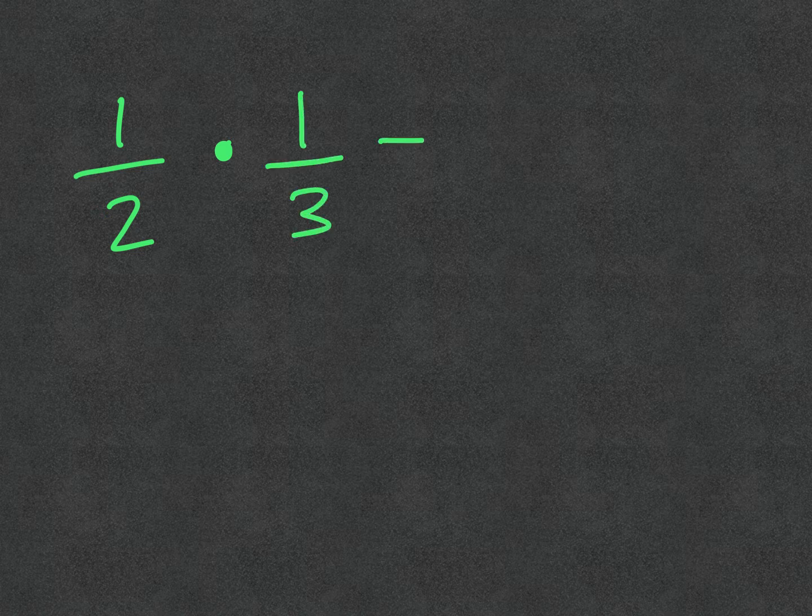Let's just start with 1/2. Let's use the dot for multiplication. Let's do 1/2 times 1/3. The way we're going to multiply fractions is we just go straight across. So across the numerators, I do 1 times 1, and I keep that the numerator.